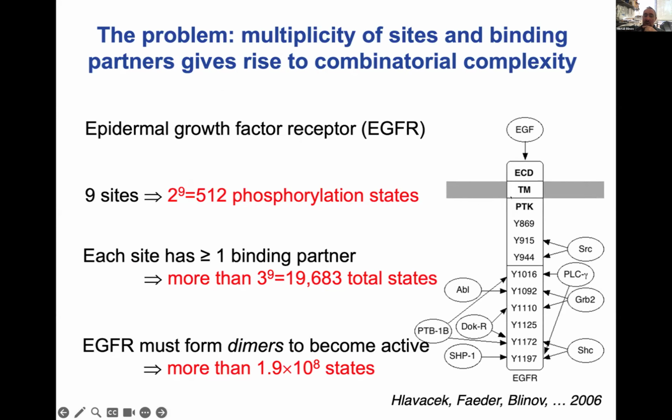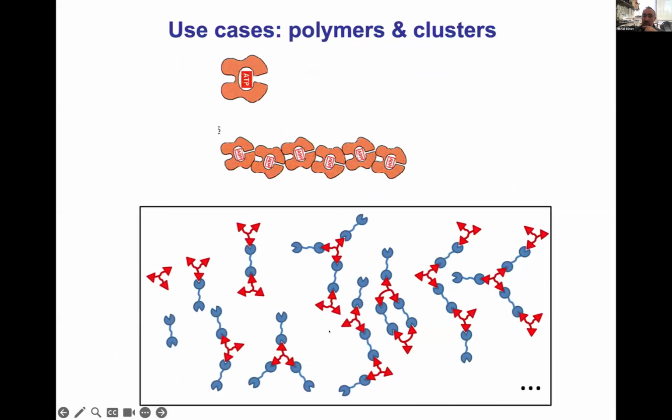If you want to track just 9 phosphorylation states, then it's 2 to the 9, 512 different chemical species alone. And then you bind adapter proteins to these phosphosites, and then you form dimers, and so on and so forth. And then there are multiple cases when you also end up with a multitude of different chemical species.